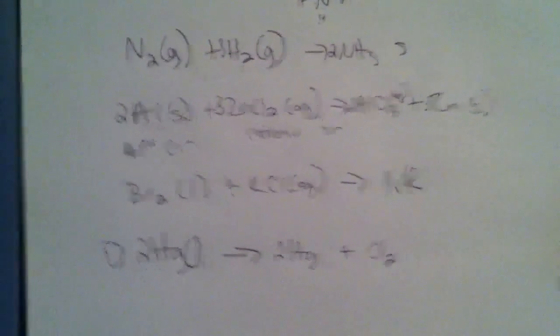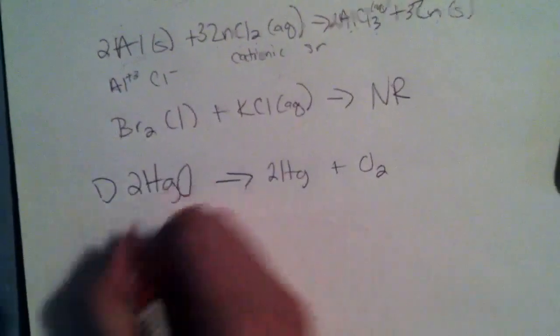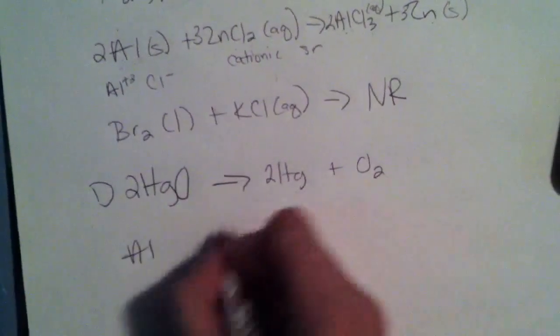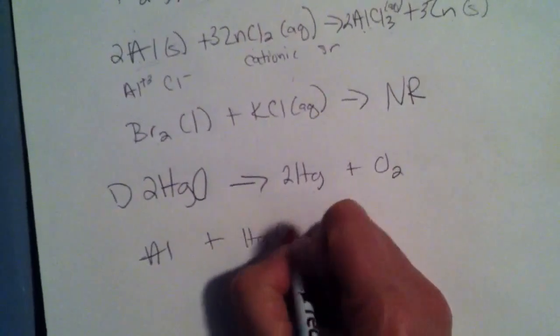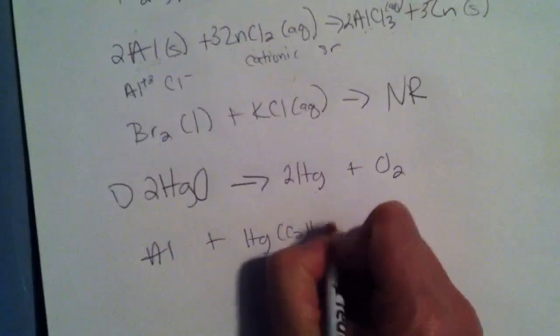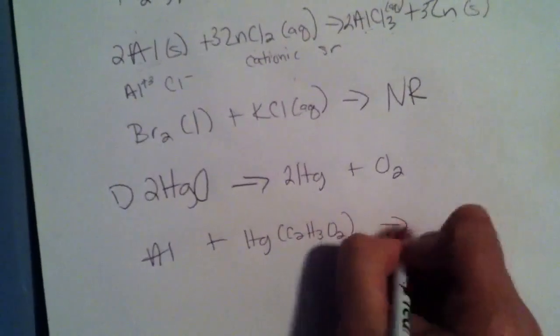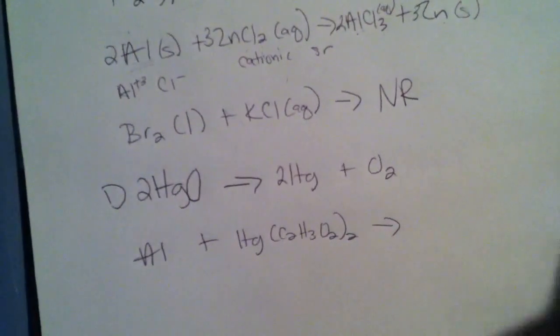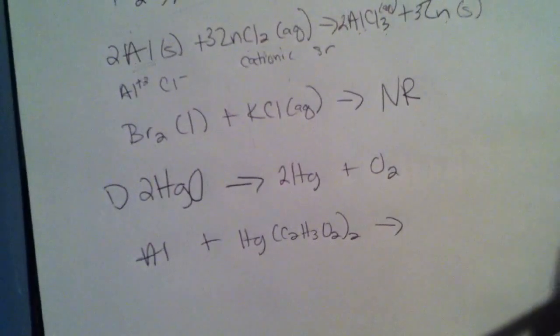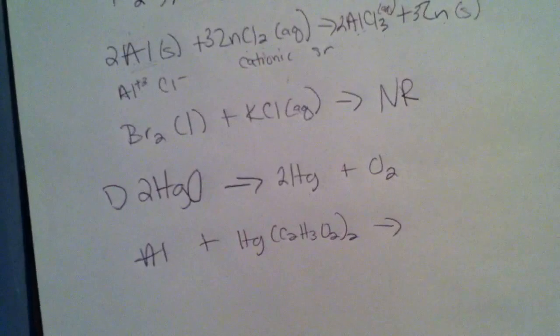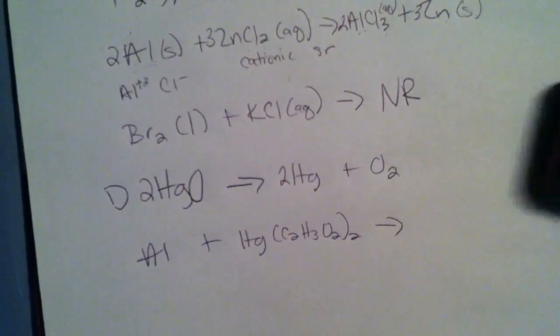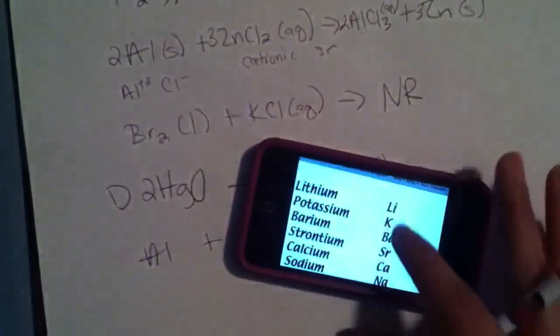Okay, and my next one, number 12, I have aluminum plus mercury acetate. Okay, same thing. I'm looking for a single replacement reaction here because I can see that this is going to have to kick somebody out. So I'm looking to see if aluminum is going to be able to replace mercury. So let's come over here.